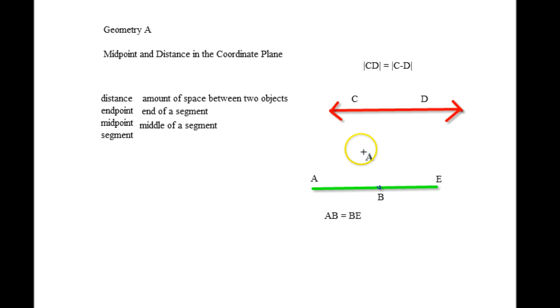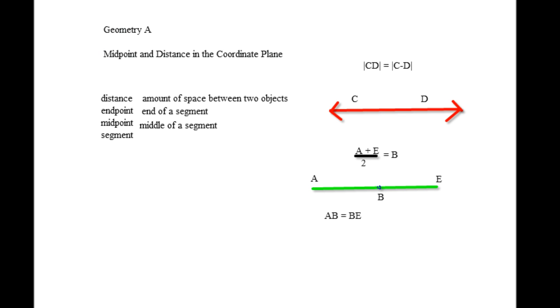If you wanted to find the midpoint, the formula would be A plus E, and then you would divide that by 2, and that would give you the coordinates of B. Okay. Alright, so that gets you that actual working around distance.